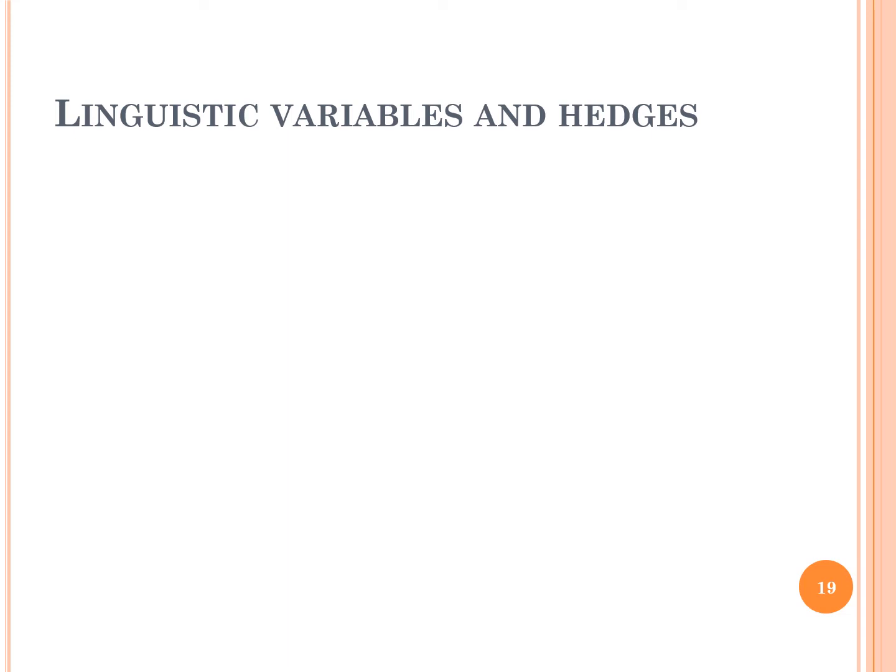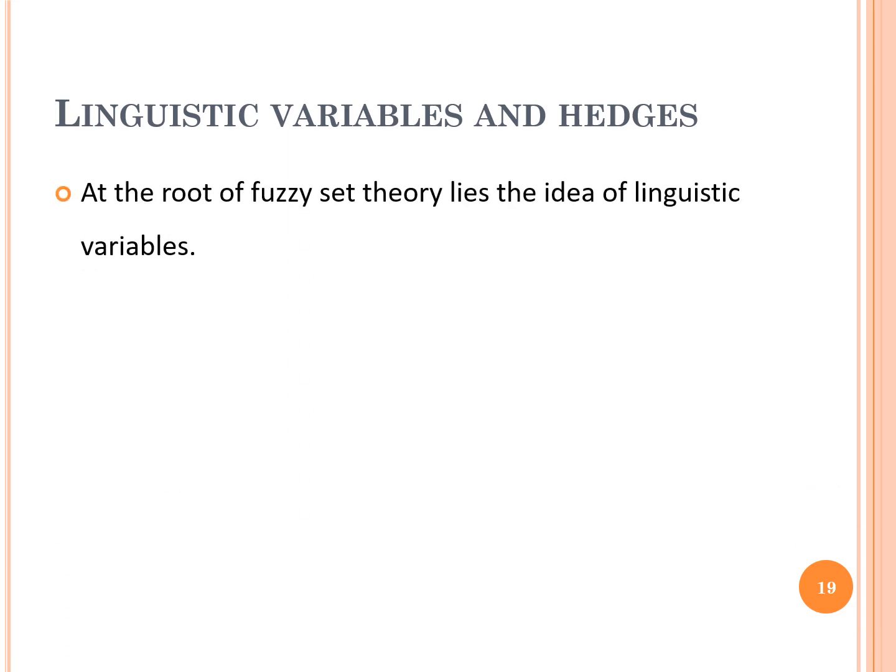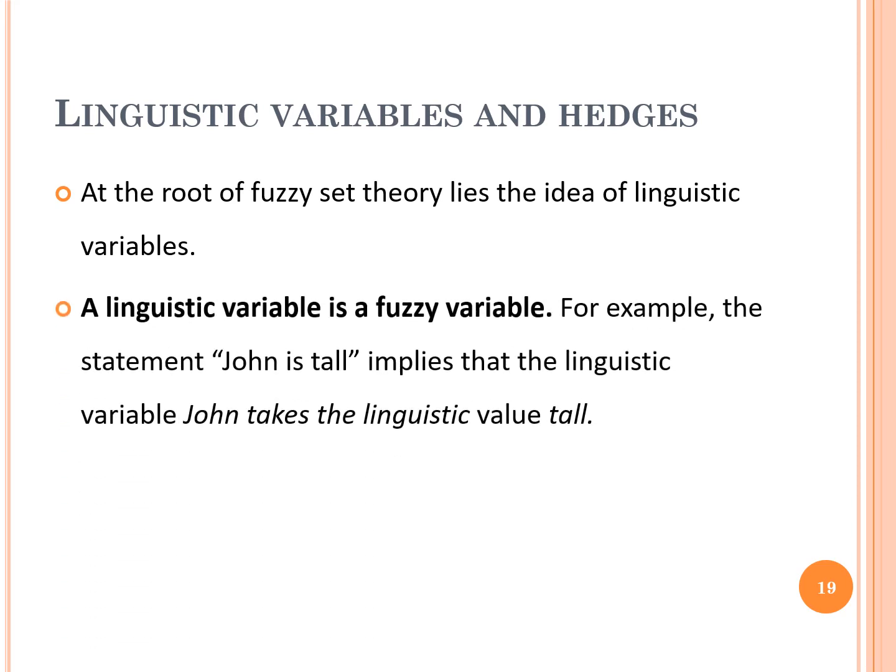Okay, now we define what we mean by linguistic variable and hedges. At the root of fuzzy set theory lies the idea of linguistic variable. A linguistic variable is a fuzzy variable.